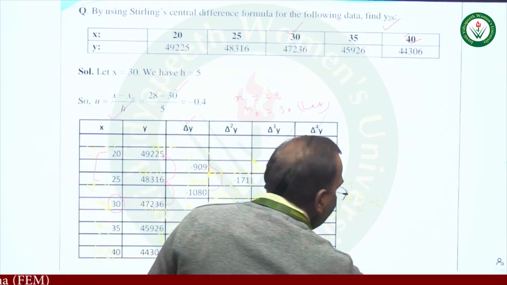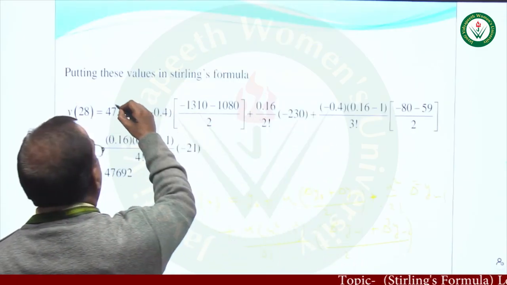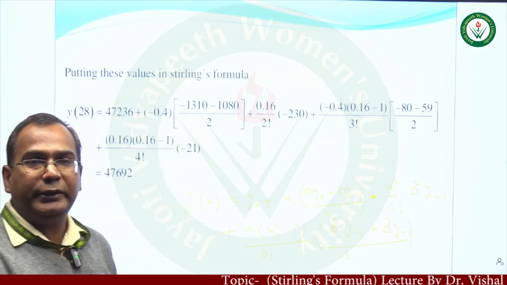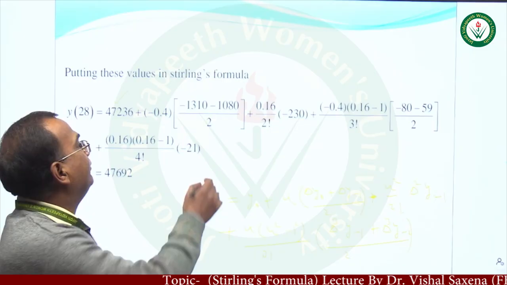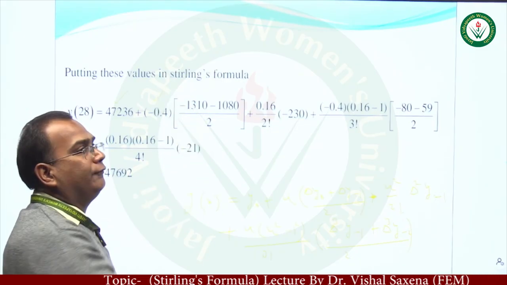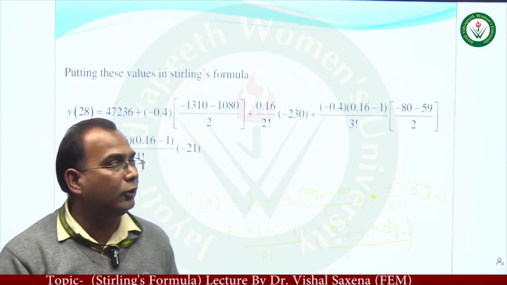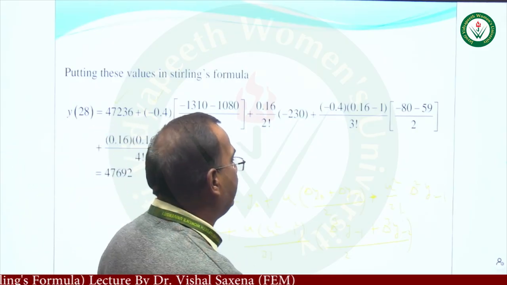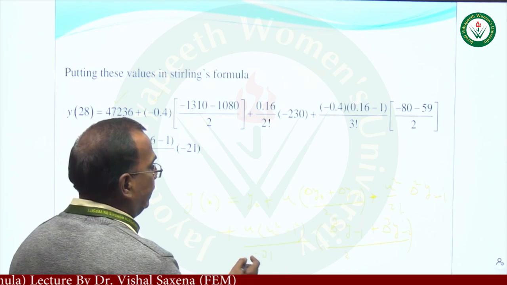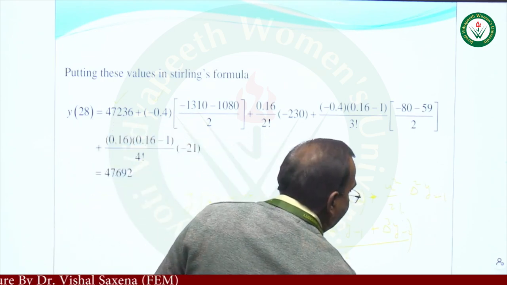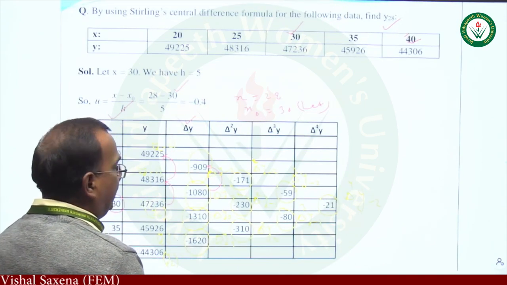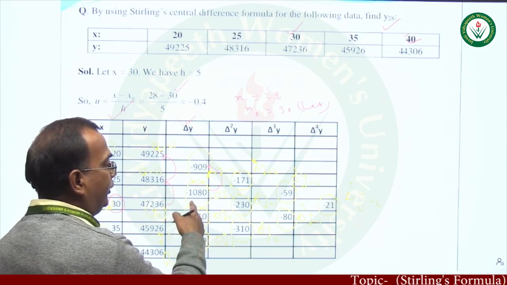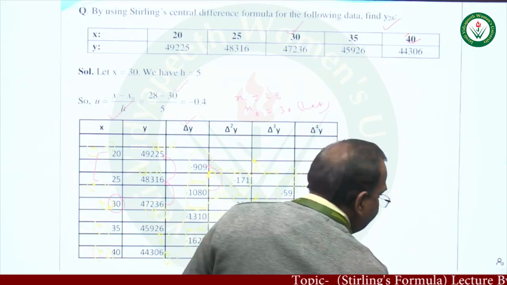Okay, so you see this one here, it is 47,236. u we have already calculated, and it is coming minus 0.4. u means x minus x naught upon h, and then in the Stirling's formula del y naught and del y minus 1 will come there. Just see in the previous table, del y naught is minus 1310 and del y minus 1 is minus 1080.